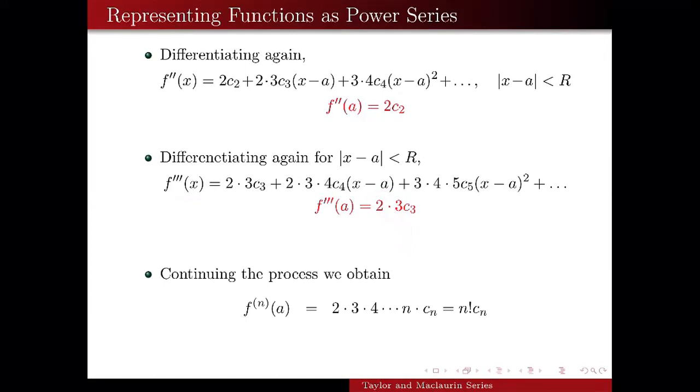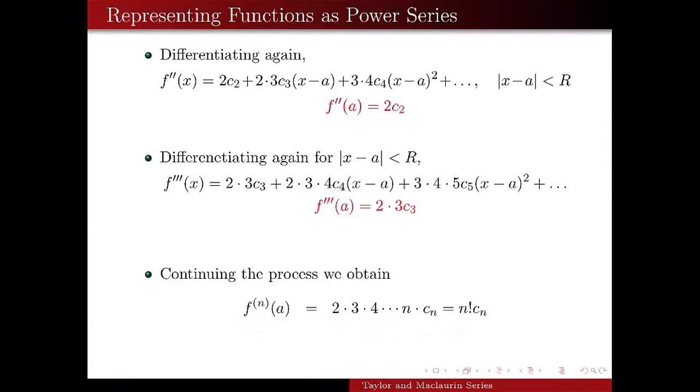If you get the nth derivative of f evaluated at a, it will just be 2 times 3 times 4 times 5, etc., until times n, and then times cn. But this product here is just n factorial.